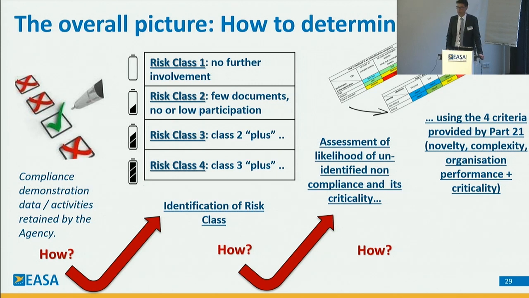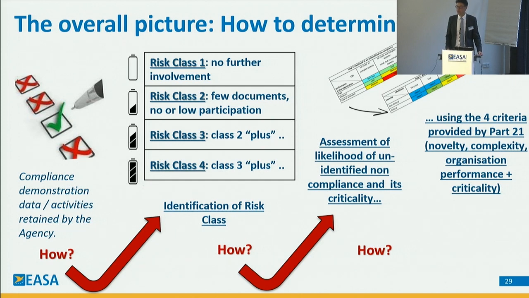So we assess the likelihood of an unidentified non-compliance and its criticality on product level. So how to do it? By using the 4 criteria as provided by Part 21, as shown by Michael. These are novelty of the CDI, of this meaningful grouping. Is there something novel inside? Is there something complex inside? What is the performance of the involved panels actually? So you get a specific performance per structural panel, per cabin safety panel.